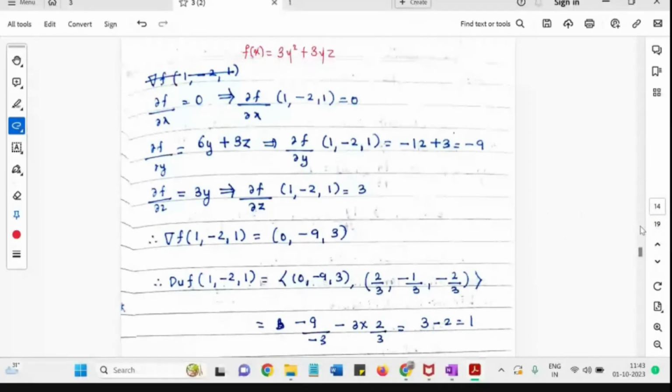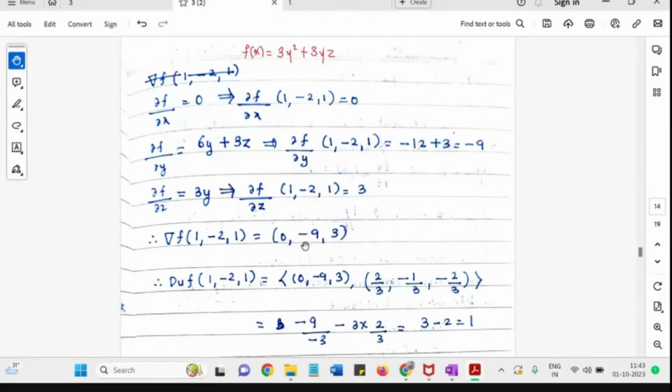As you can see, the function is a function of y and z only, so the derivative with respect to x is 0 for every value of x, y, z, particularly at the point (1, minus 2, 1). Differentiating with respect to y, the derivative is 6y plus 3z, and at the point (1, minus 2, 1) the value turns out to be minus 9. Differentiating with respect to z, the answer is 3y, which at the point is minus 6. So my gradient is (0, minus 9, minus 6).